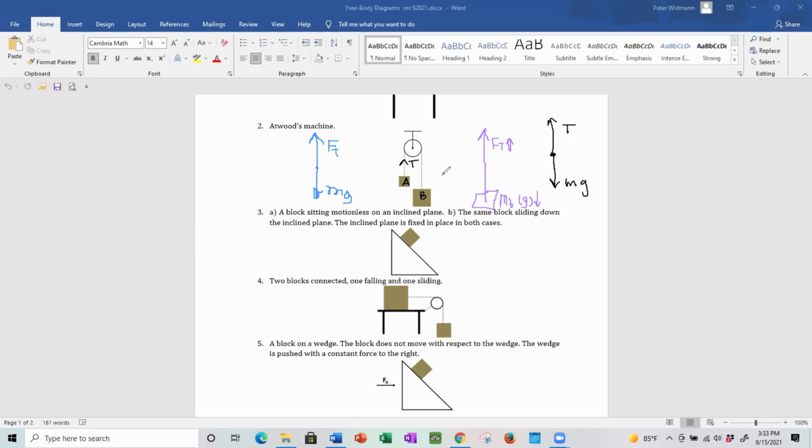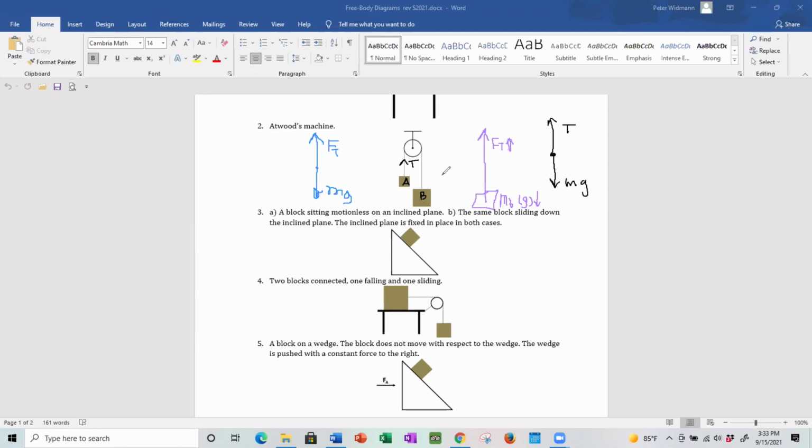I would say essentially that block B goes down and block A goes up. They're connected by a string that doesn't stretch. So what can you say about their accelerations? They're equal in opposite directions.